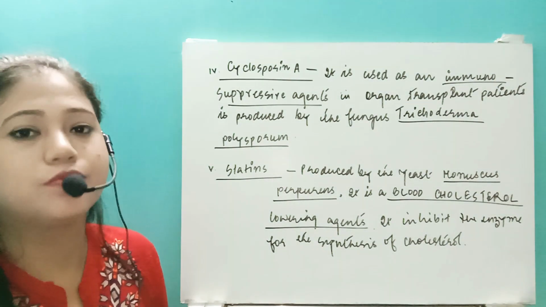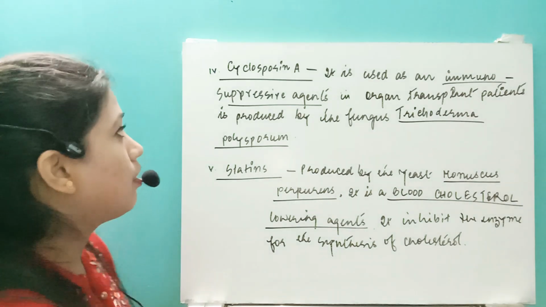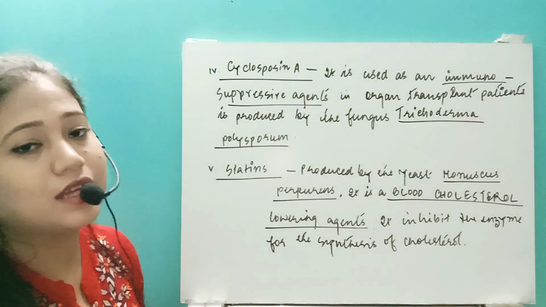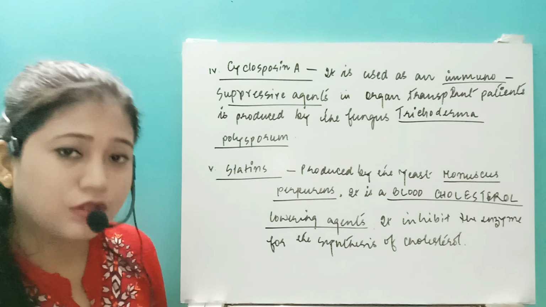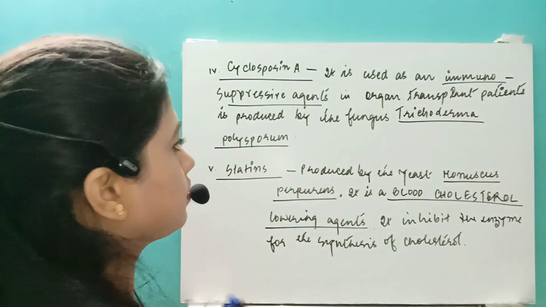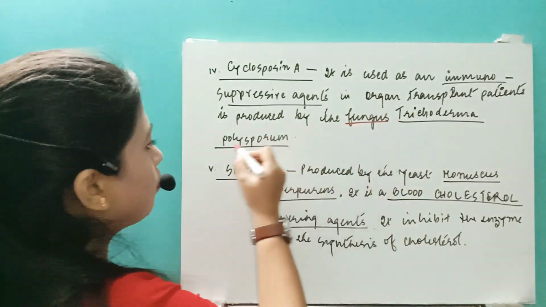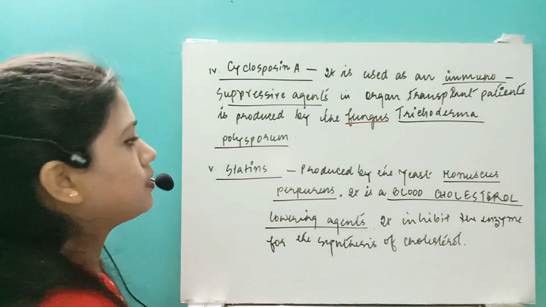After that, let us move to the next type of chemicals or products. The next product is cyclosporine A. This cyclosporine A is extracted from the fungus. Remember, it is extracted from the fungus Trichoderma polysporum.